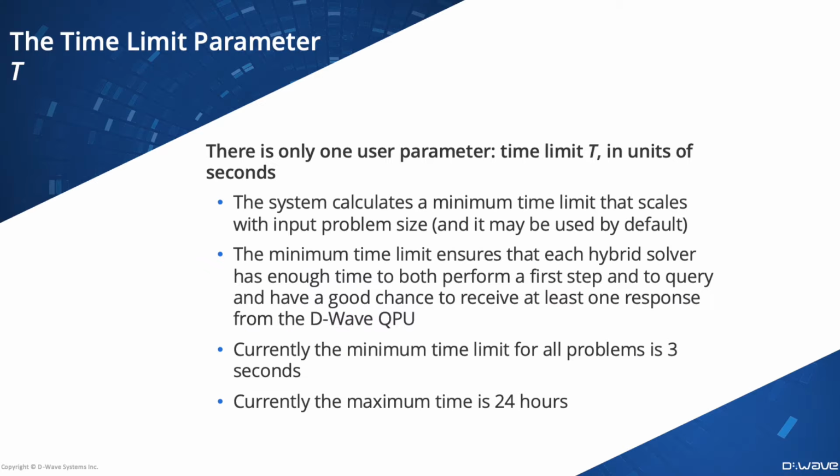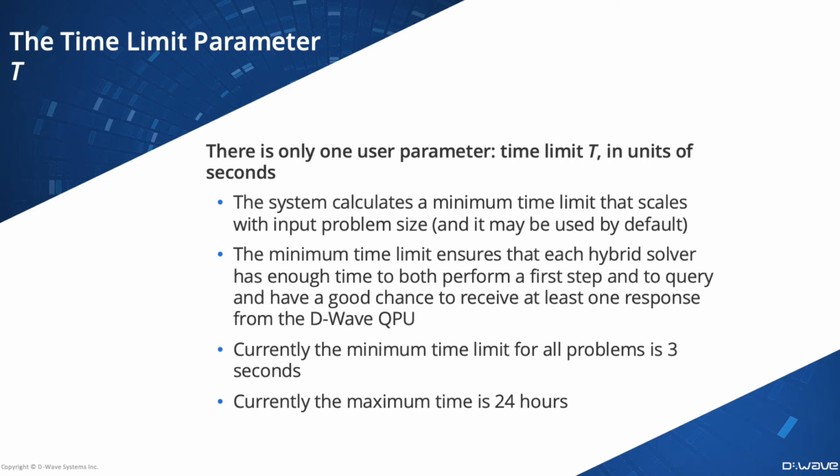And I mentioned earlier, there's only one time limit parameter, which is the time limit t in units of seconds. The way this works is that the system calculates a minimum time limit that you can put in, which scales with input problem size.